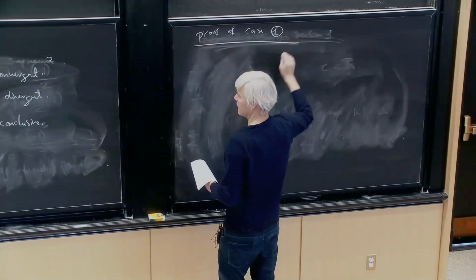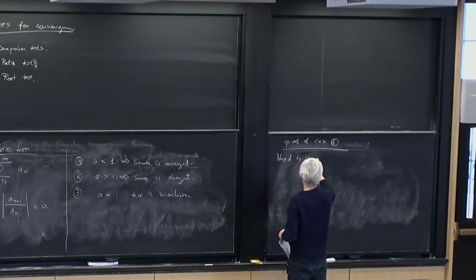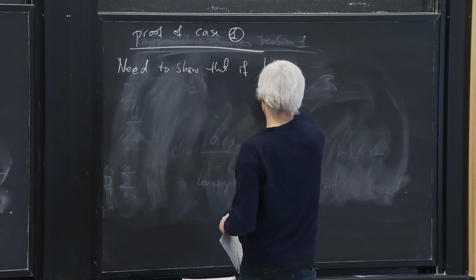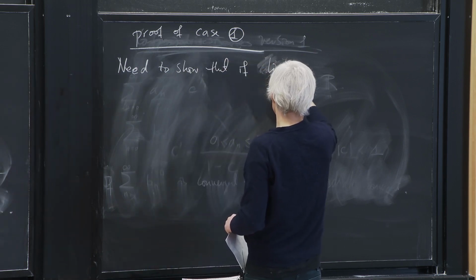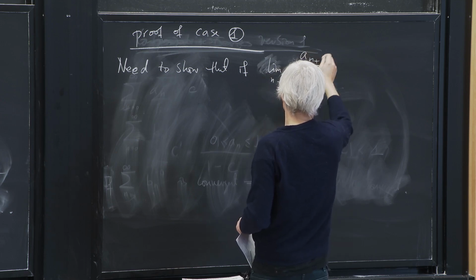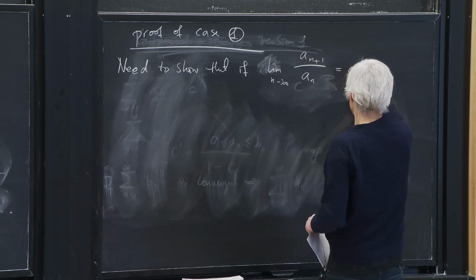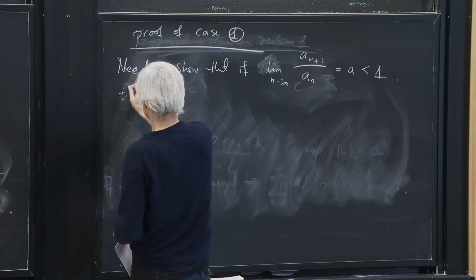So this means that I need to show that if this limit of an plus 1 over an, if this here is less than 1, then the series is convergent.